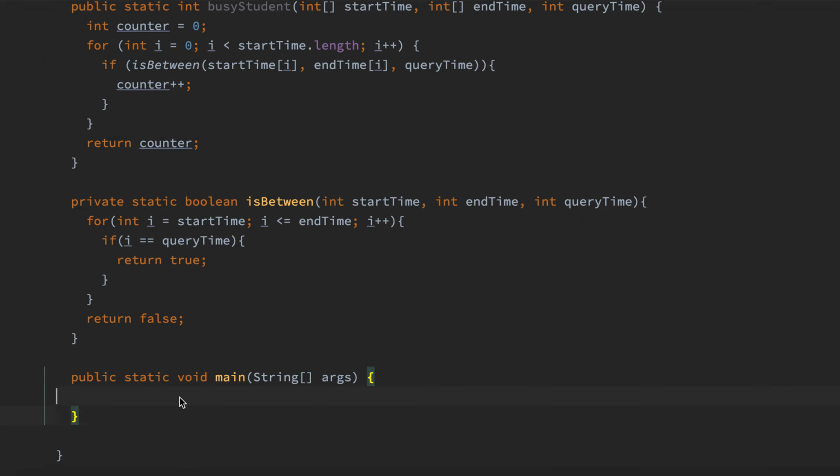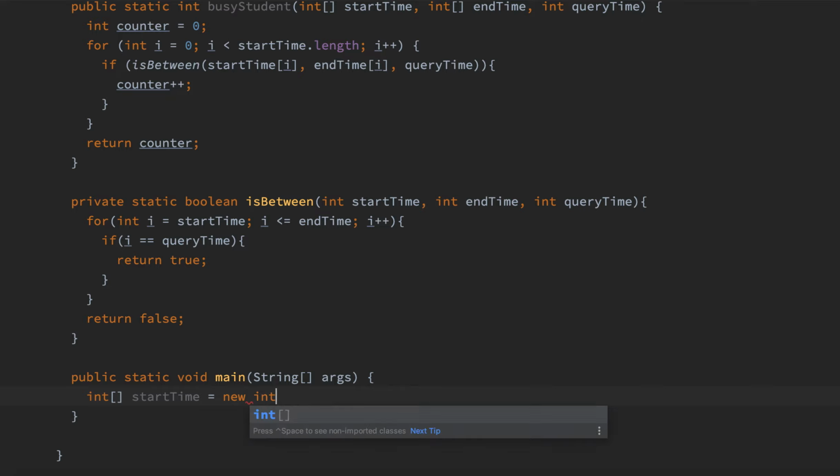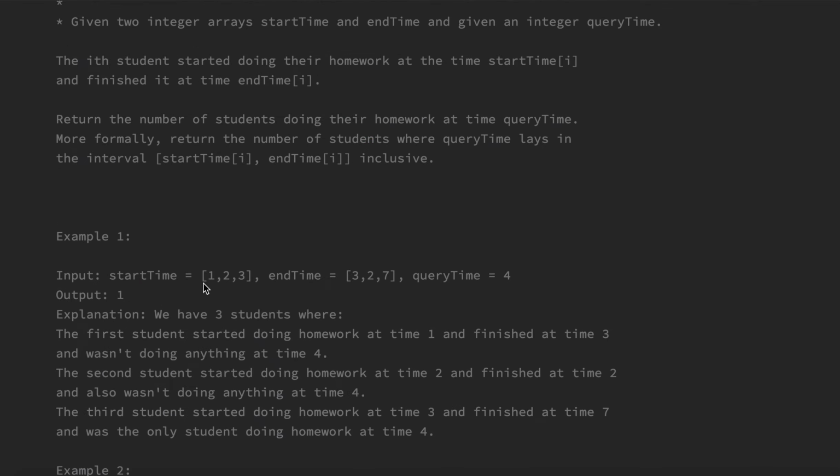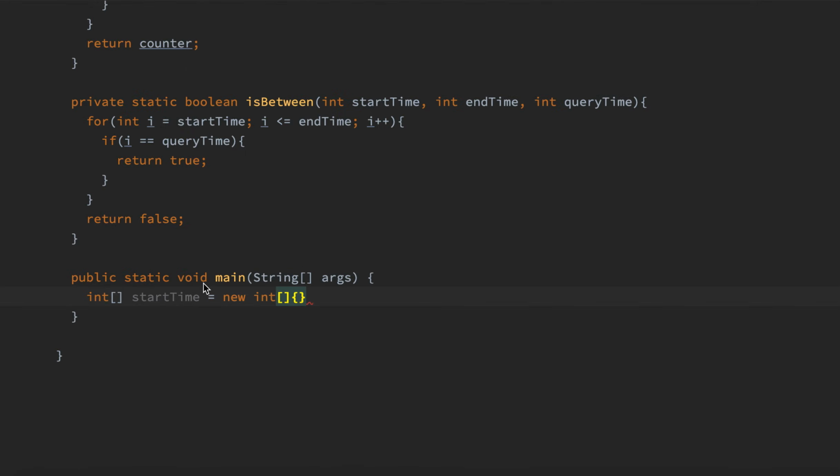Okay, so to test this out, we can run really quick. We can just do two quick integer arrays. We can do our start time array. This will be equal to a new int array, and we'll do 1, 2, 3.